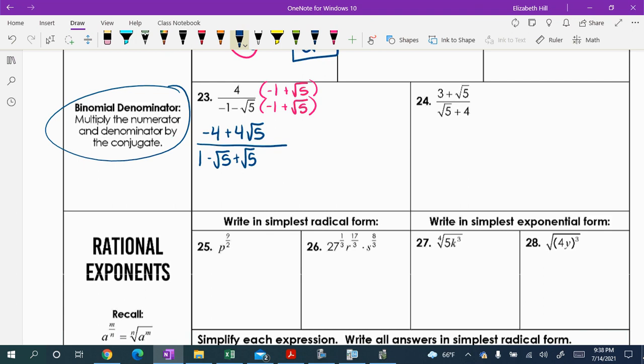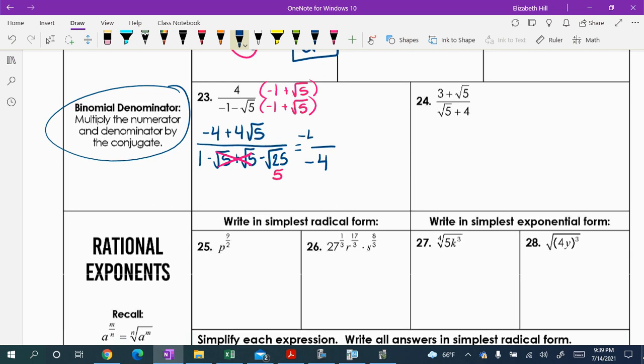Negative square root of 5 times a positive square root of 5 is a negative square root of 25. Now you might be saying there's still square roots. Well, these square roots of 5's cancel out, and the square root of 25 is 5. So really we have 1 minus 5. Okay, so 1 minus 5 ends up giving me -4.